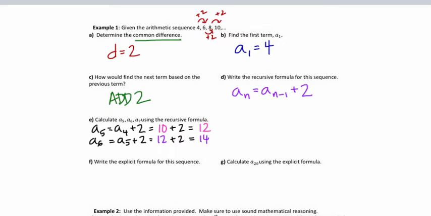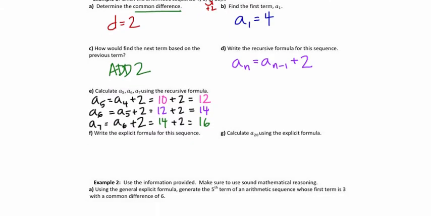Now our 7th term has to do with the 6th term, so a sub 6 plus our common difference. Our 6th term was 14 plus our common difference is going to give us 16. So a sub 5 is 12, a sub 6 is 14, and a sub 7 is 16.